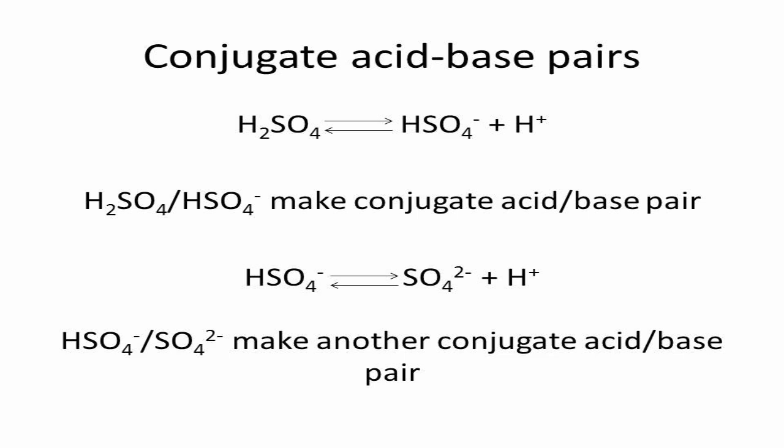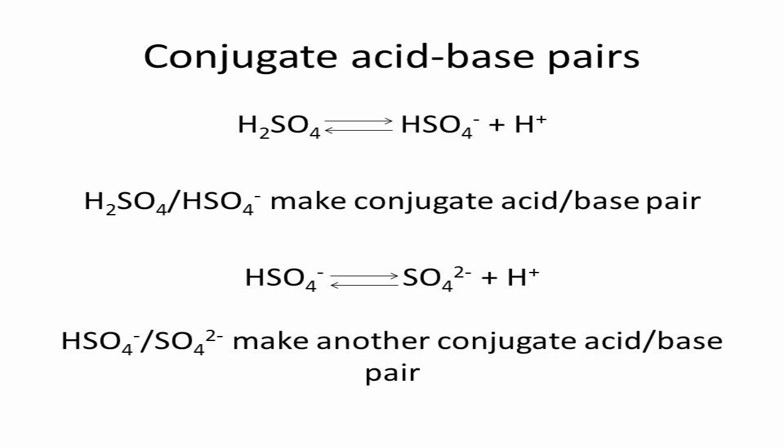So it appears a conjugate acid-base pair. For example, if sulfuric acid gives a proton and makes an HSO4 minus ion, this ion is a base because it can accept a proton.